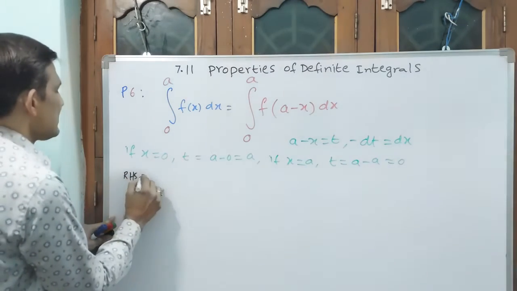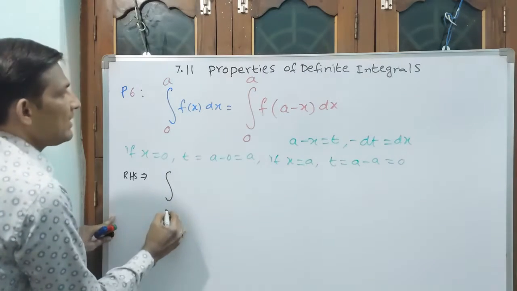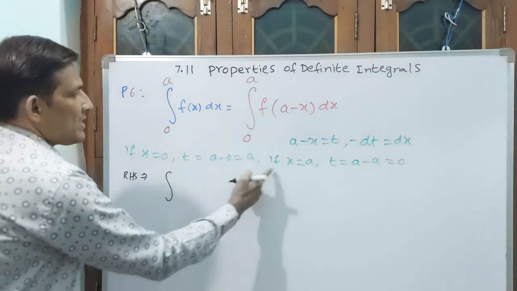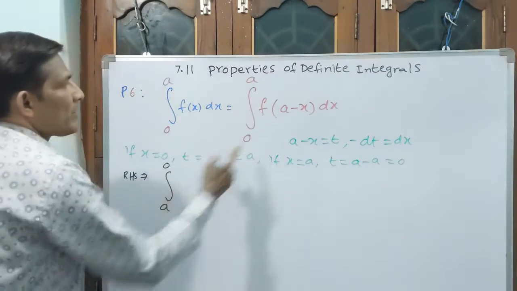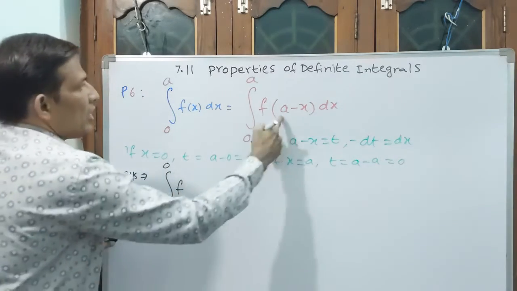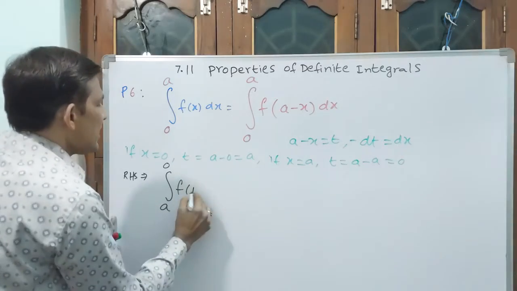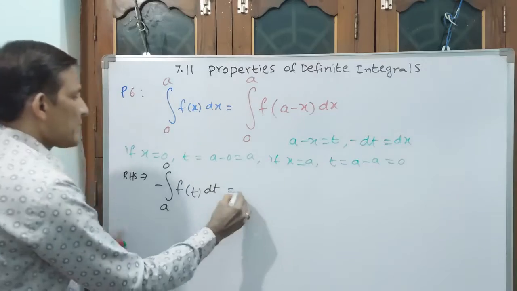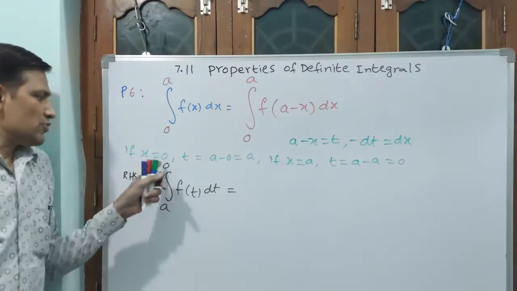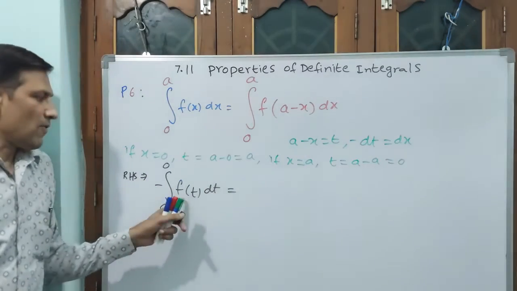RHS implies integral, lower limit is a, upper limit is 0, f of a minus x is f of t, and dx is minus dt. So a to 0, minus f of t dt.